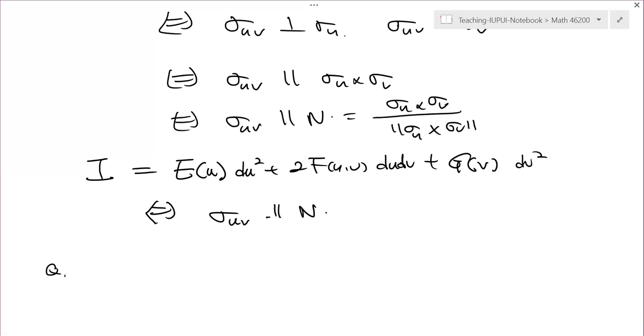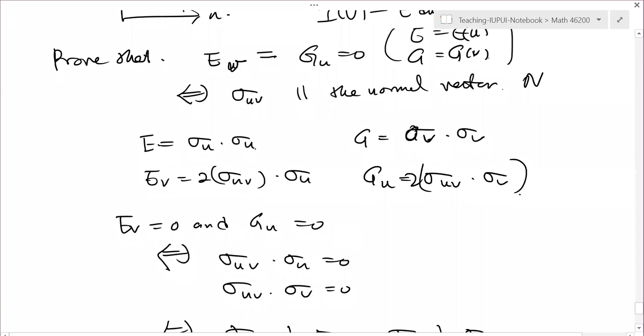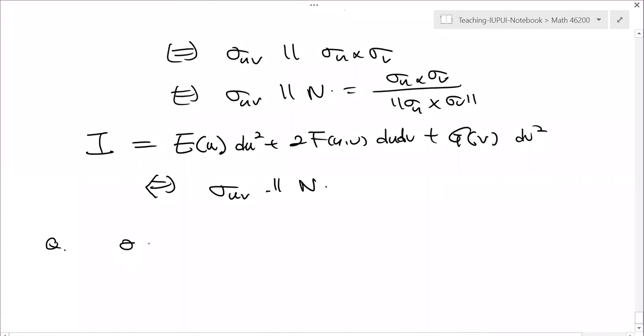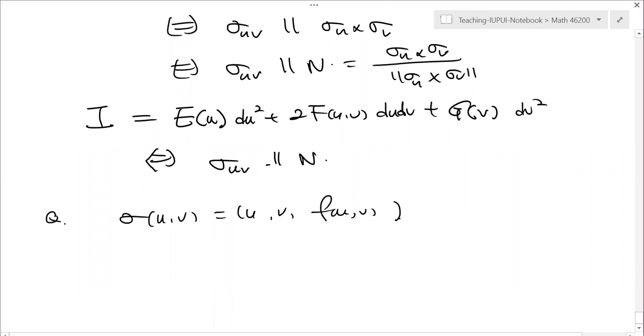So let's go back to the graph. Let's consider sigma, right? U and V, f of U and V, right? I want to see under what condition this is satisfied. Right, so E is going to be 1 plus f_U squared. F is going to be f_U f_V, right?